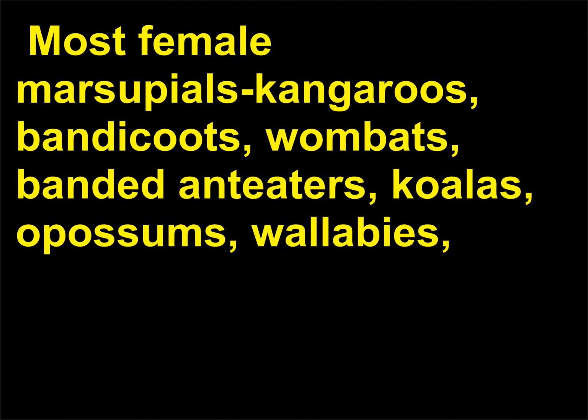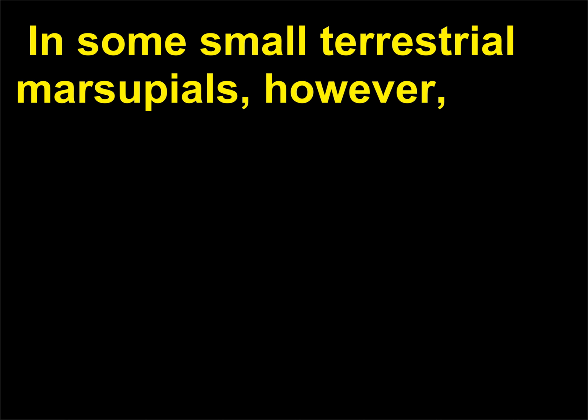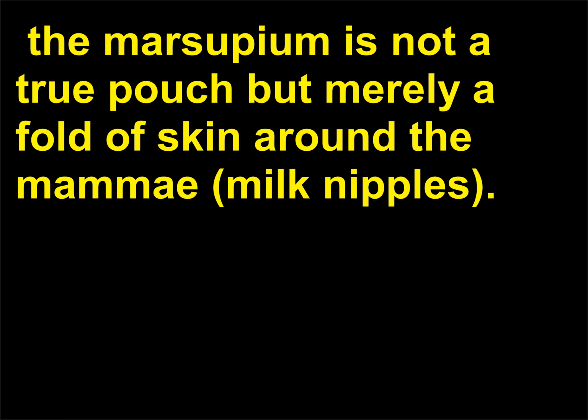Most female marsupials (kangaroos, bandicoots, wombats, banded anteaters, koalas, possums, wallabies, Tasmanian devils, etc.) have an abdominal pouch called a marsupium, in which their young are carried. In some small terrestrial marsupials, however, the marsupium is not a true pouch but merely a fold of skin around the mammary (milk) nipples.